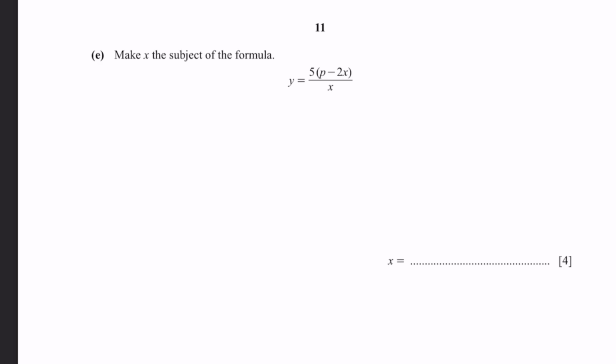Let's go to part E. Make x the subject of the formula. 5 times p minus 2x divided by x is equal to y. So first we can expand the bracket. Y is equal to 5p minus 10x by x. Now we can split the fraction into 2, like this. So 5p by x minus 10x by x, which is just minus 10.